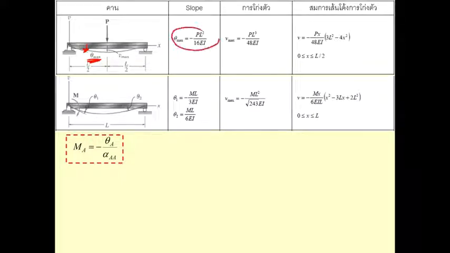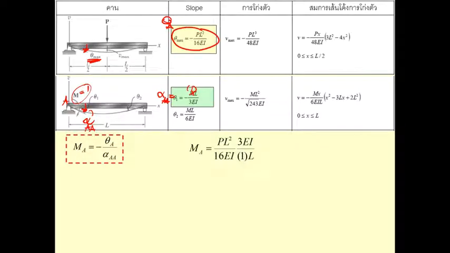This one is going to be our theta sub A. And this one, if we change M to 1, is going to be the rotation alpha at point A due to the moment applied at point A. So this one will be alpha sub AA when we change this one to 1. Sorry, theta sub A is there and alpha sub AA is clean.